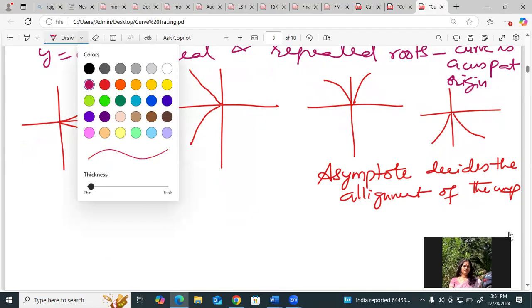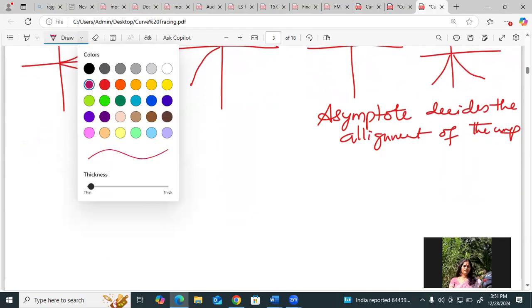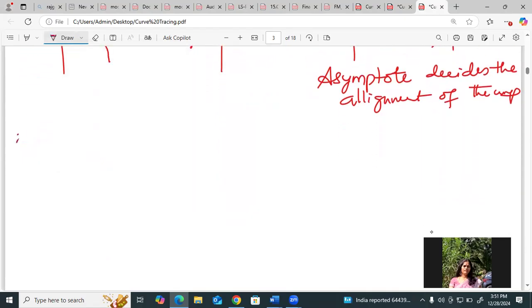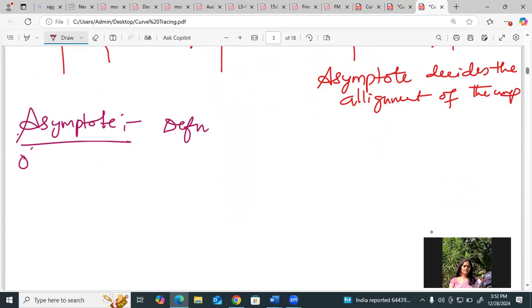So, without loss of generality, let me finish with the asymptote first and then skip to different things. Intersection with the axis is very simple. Okay. Asymptote. What is an asymptote? Please check the definition of an asymptote as well as the definition of an oblique asymptote. I will anyways talk about it in the problem, but please check the definitions.